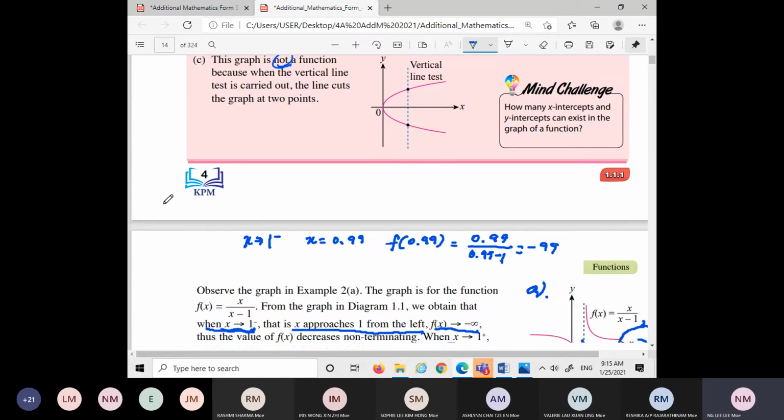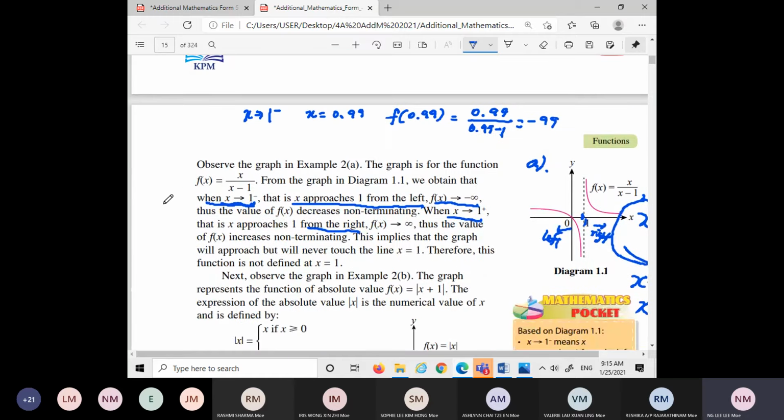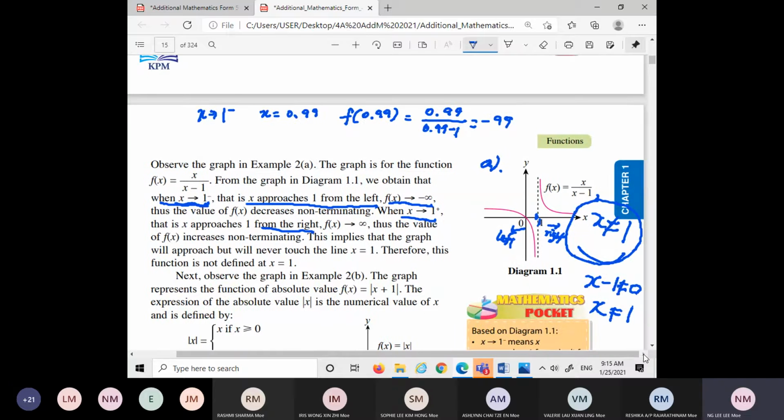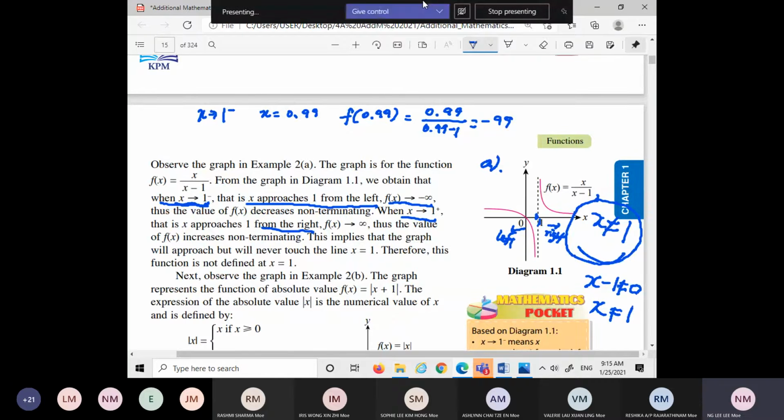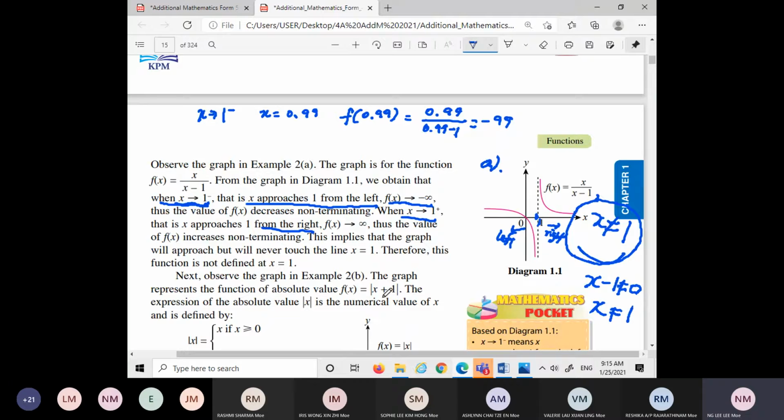Next, this is the question A just now, example 2 question A. The syllabus wants us to mention to you that when you have this kind of function, we call it a fraction function.